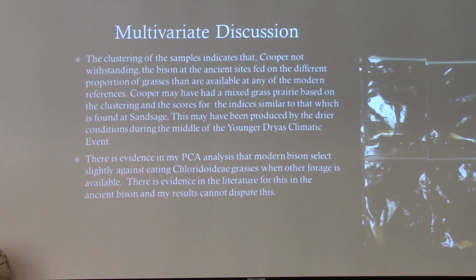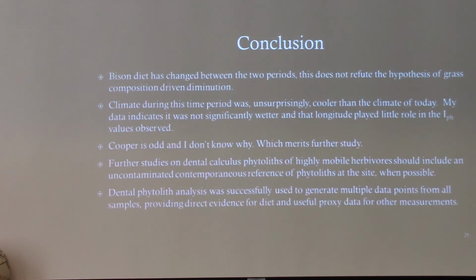There is evidence in my PCA analysis that the modern bison selected slightly against eating the Chloridoid grasses, which are a little bit tougher, when other forage is available. Again, there's evidence for this in the literature and in the ancient bison, and my results cannot dispute those findings. So, in conclusion, the bison diet that we observed has changed between the two periods.